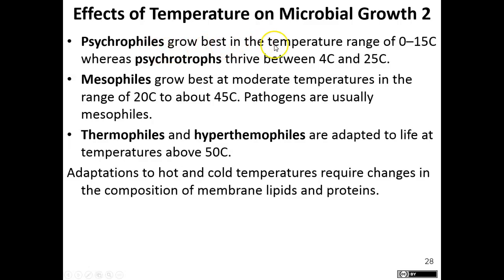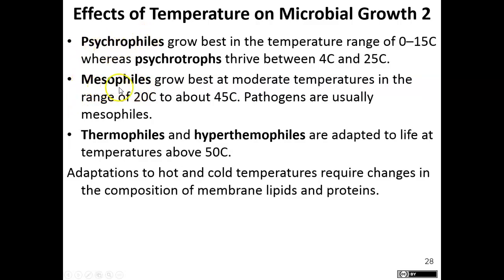These are going to be organisms that are found in your refrigerator, spoilage microorganisms, your fungi that grow on your food and cause all kinds of problems with your food. That's what you're going to see here.